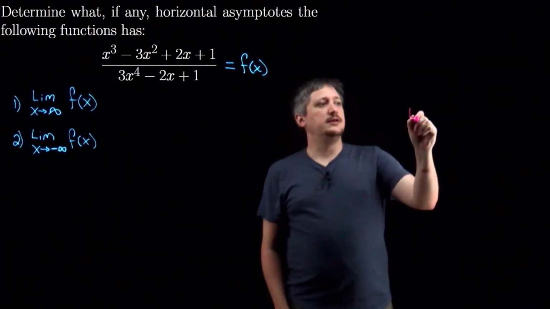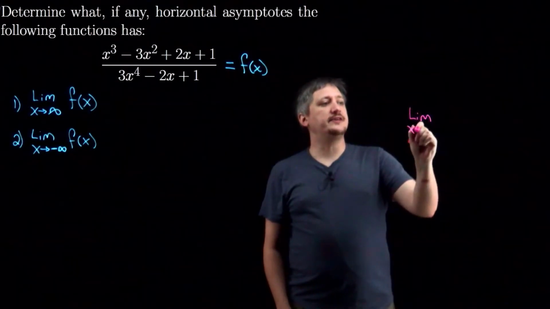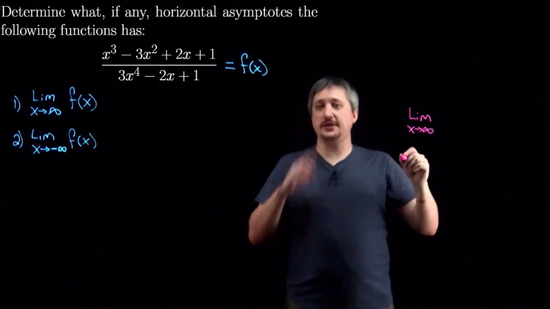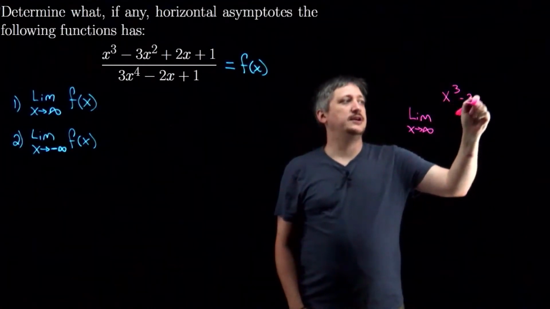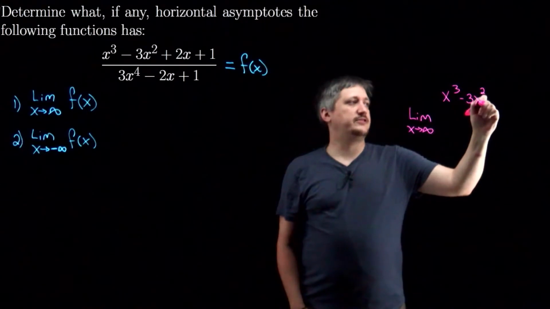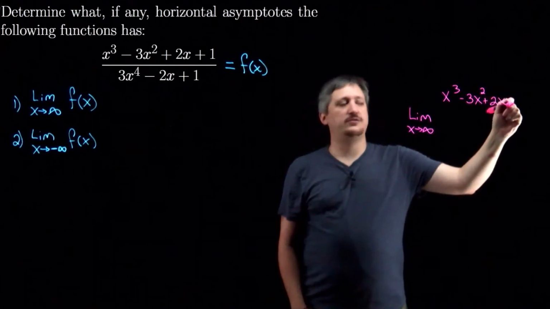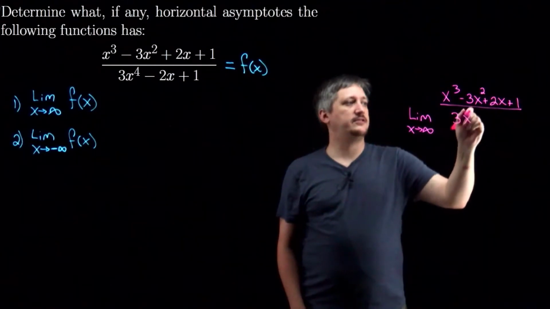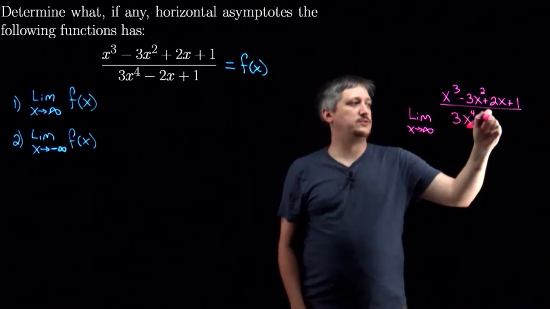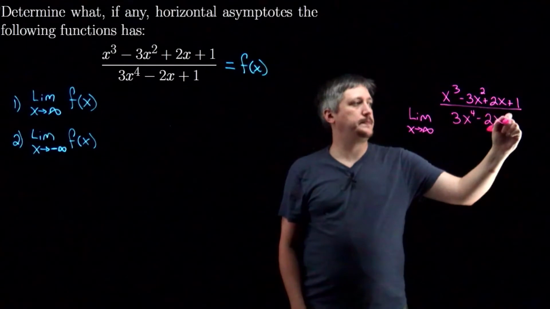Take the limit as x goes to positive infinity of f of x, which is x cubed minus 3x squared plus 2x plus 1 all over 3x to the fourth minus 2x plus 1.